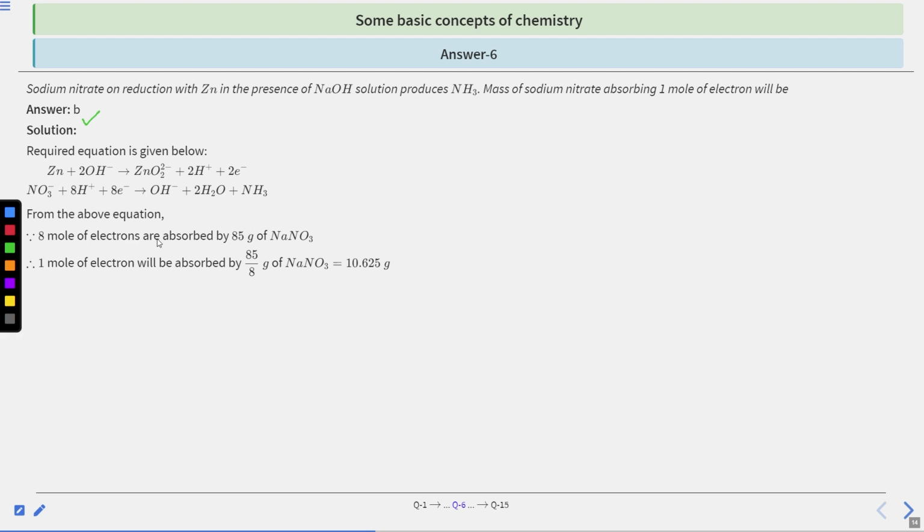From the above equation, since 8 mole of electron are absorbed by 85 gram of NaNO3, therefore 1 mole of electron will be absorbed by 85 divided by 8 gram of NaNO3, which comes out as 10.625 gram. So option B is the correct answer.